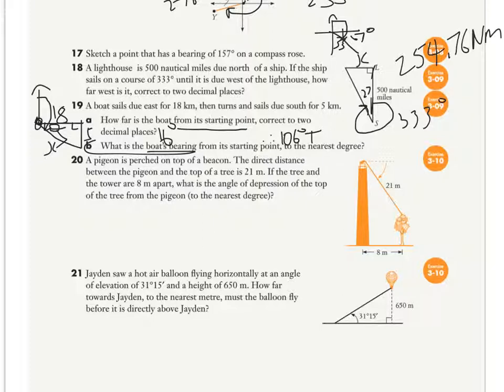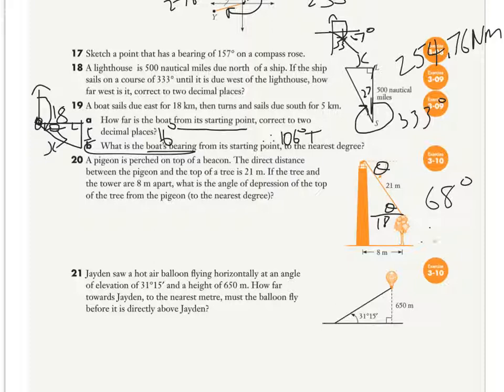Now what is the angle of depression on the top of the tree from the pigeon? So we need that angle there. Now that will also equal this angle there. We know that is 18, so therefore we are using cos. Cos theta equals 18 over 21. Second function cos 18 over 21 gets us 68 degrees.